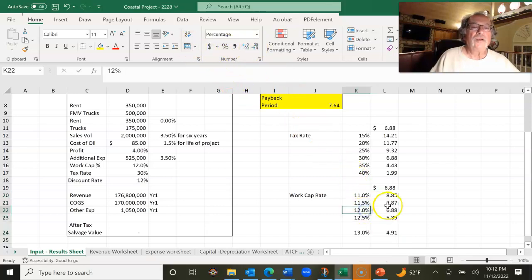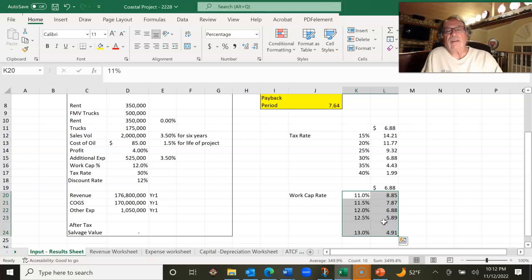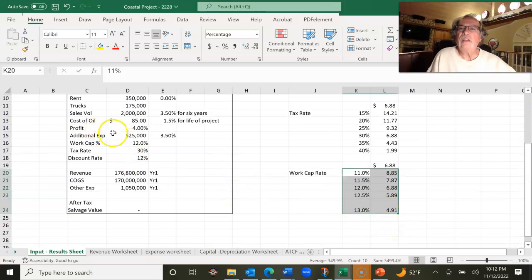It shows that if we go from 12% to 13%, our present worth drops by almost $2 million. And if we go from 12% to 11%, the present worth increases by almost $2 million. This is really significant, so it kind of tells you how significant working capital is in the value of the project.